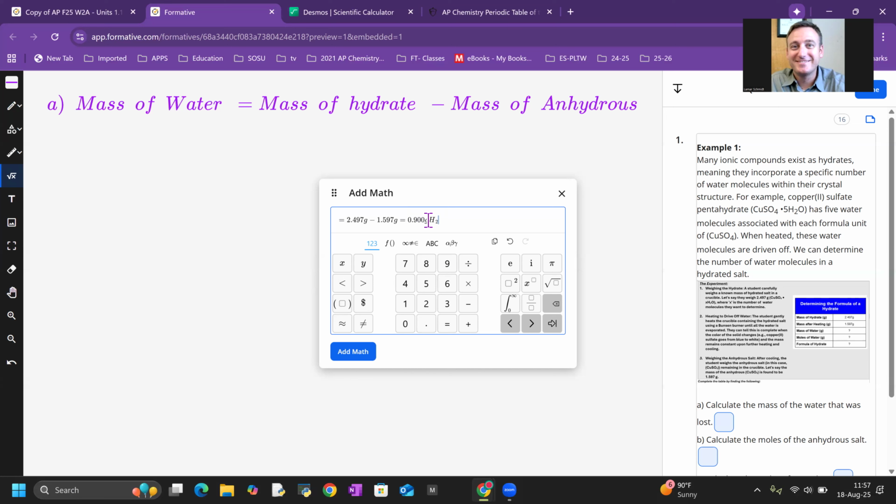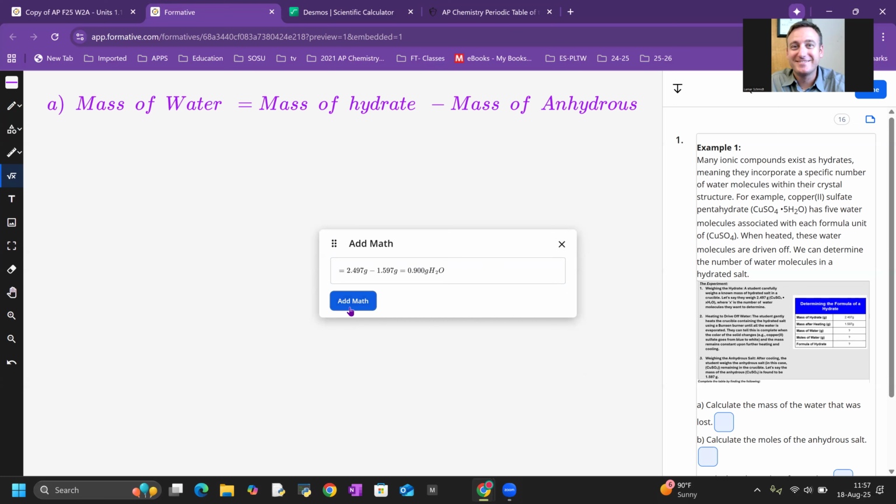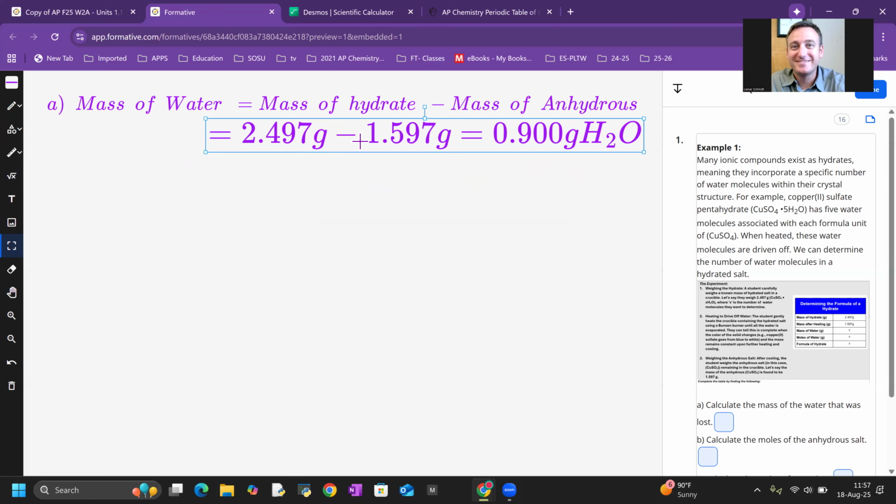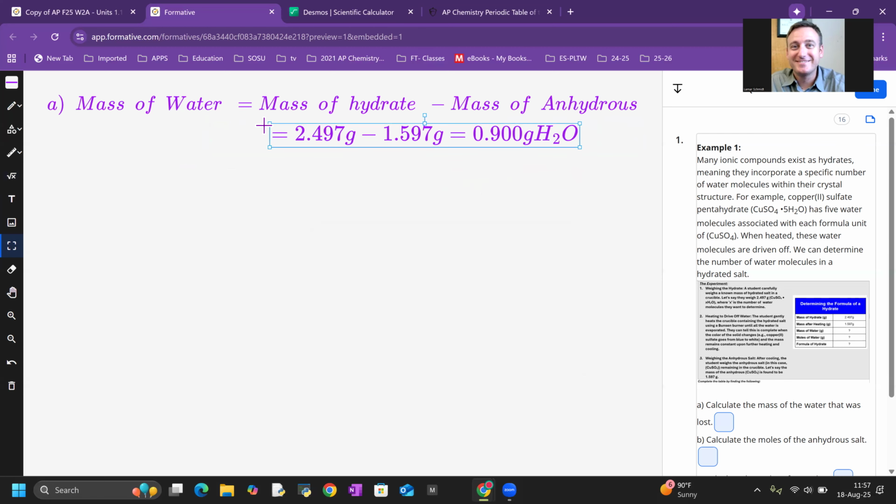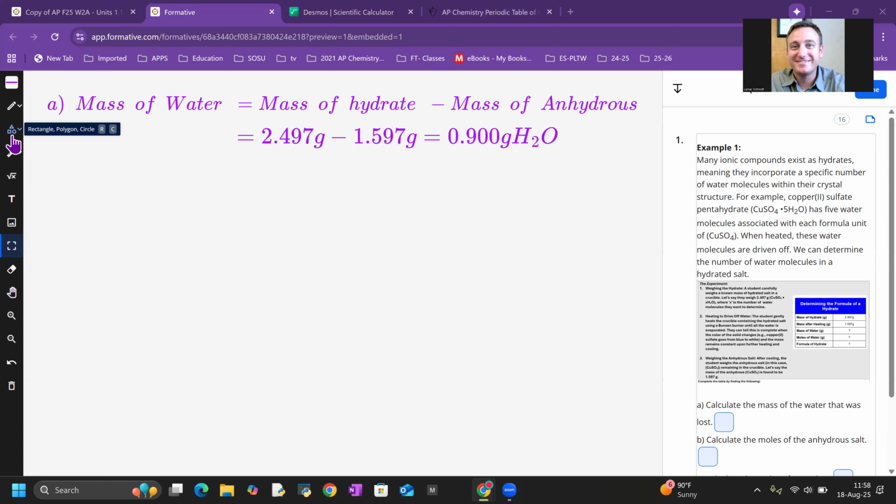So we're going to say water, because that's what this is. So we know that that sample of the hydrate has 0.900 grams of water associated with it. And so that's our answer there.